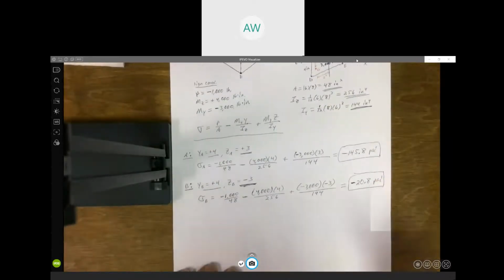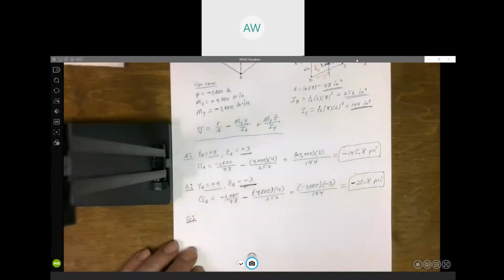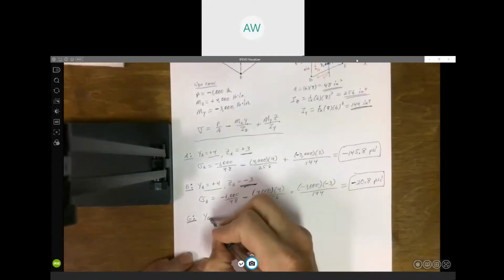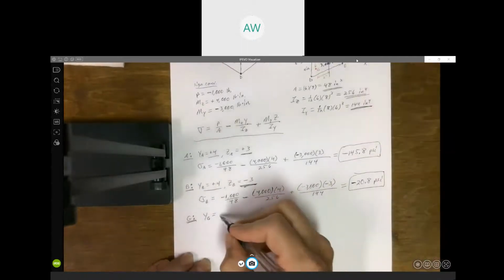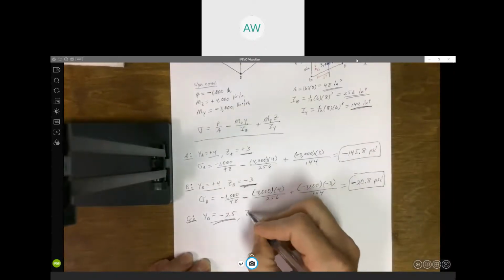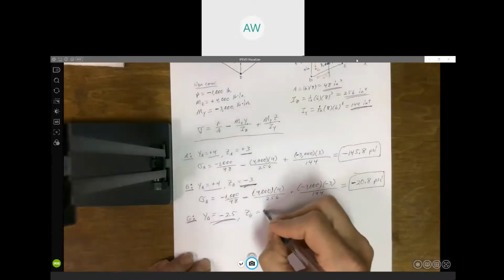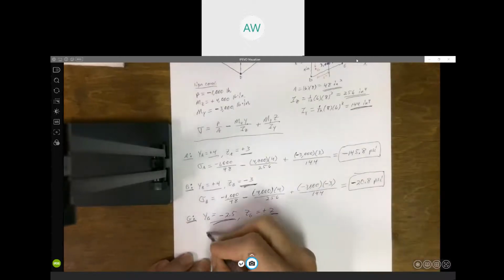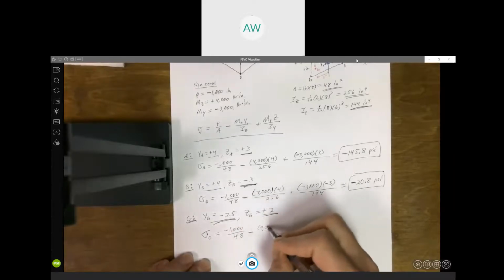So if we wanted to compute what the normal stress was at that point G, the only thing that's going to change is the location, Y and Z. Y at this point is in the negative Y direction, so it would be a negative 2.5. And the Z coordinate is in the positive Z direction, so it'd be a positive 2. So to get the normal stress at G, still minus 1,000 over 48, minus 4,000.